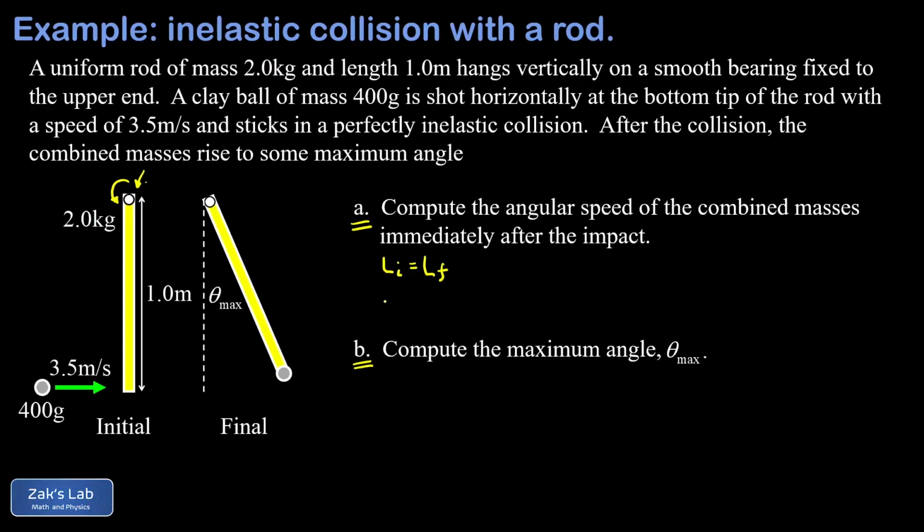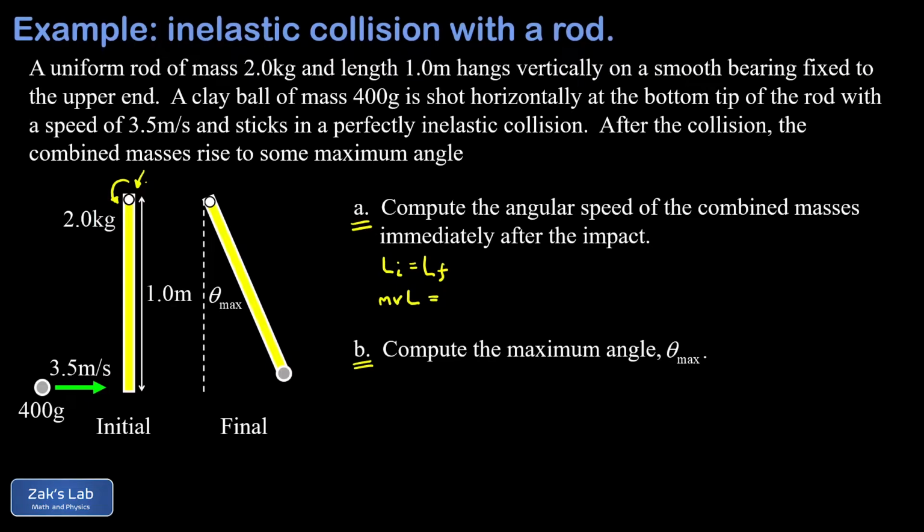The way this turned out is that the angular momentum is given by the momentum, mv, and I'll use a little m for the clay blob, times the perpendicular lever arm length, or the distance between the point mass and the rotation axis when it's at its minimum distance from the rotation axis. Well, that's just equal to the length of the rod itself. I'm going to use a capital L for that.